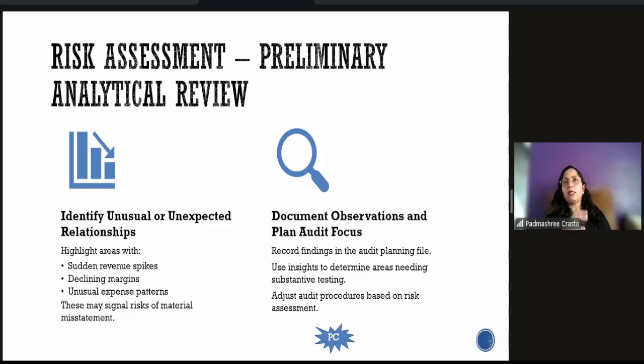Say, for example, in one area which we already know that there is a higher risk, for example, if there is a company that has inventory obsolescence as a higher risk, then we do a little bit more analysis into the data as to how much inventory was obsolete last year, current year, in the last 5 years trend, 10 years trend, and then we rework on those things, and those kind of analytical data help us to make appropriate decisions. What is the provision done on it? So ECL on trade debtors, all these trade receivables, all this can be more driven by data analytics rather than vouching and verification.